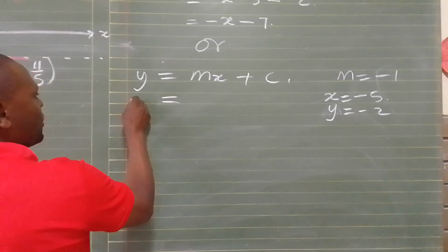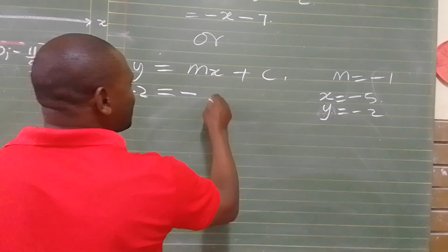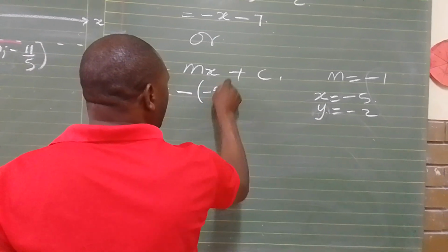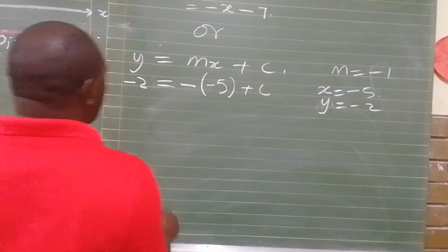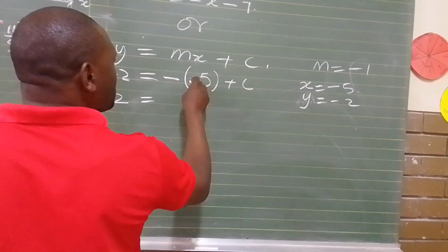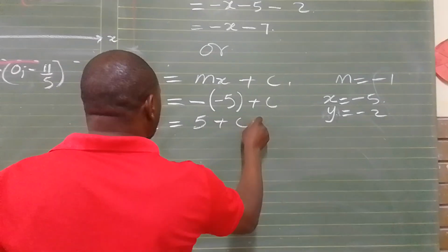What is your y? It's minus 2. What is m? It's minus 1. What is x? It's minus 5, plus c. Then minus 2 equals negative times negative 5 is positive 5 plus c.